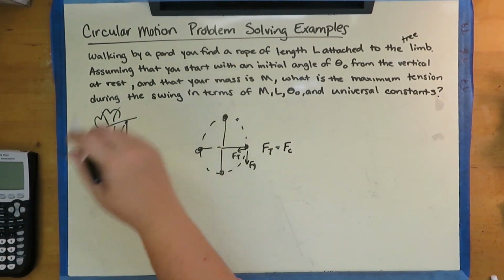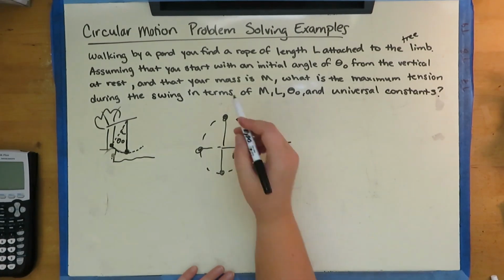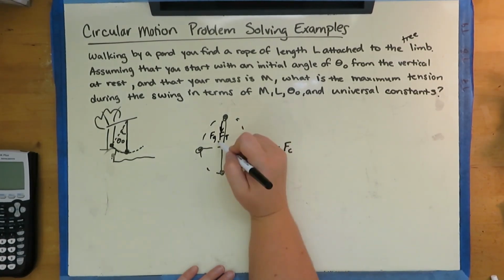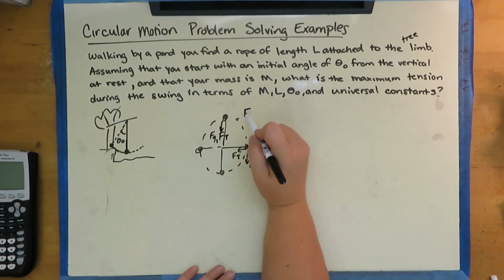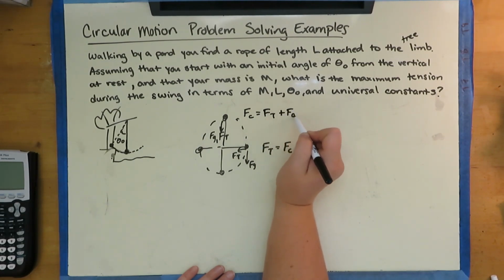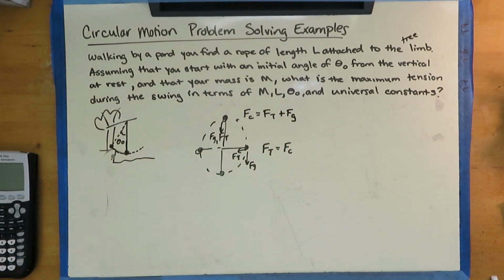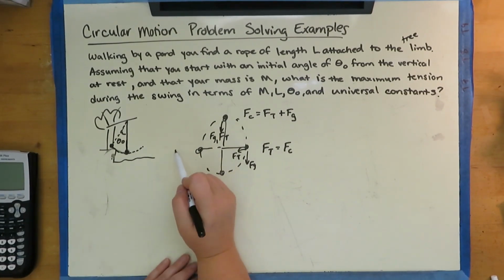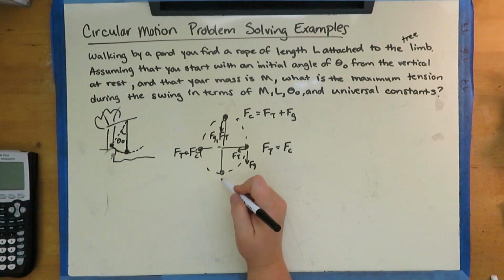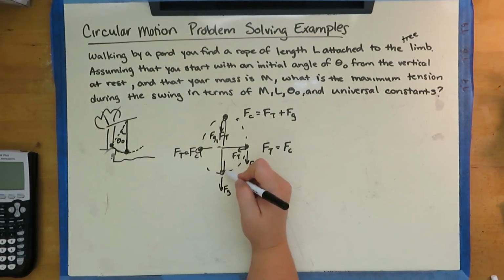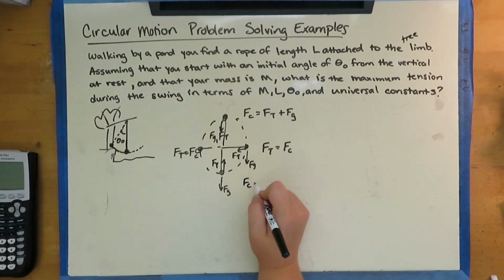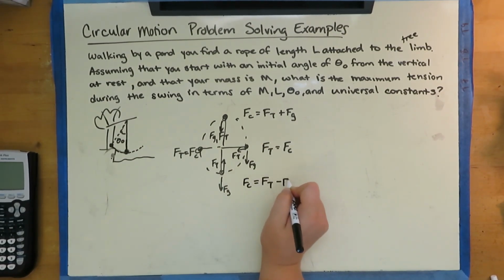At the top, your gravity and your tension were both pointing down, so your centripetal force was the sum of tension and gravity. You're probably not going to swing in a circle through the top, though. And down at the bottom, gravity was pointing down and your tension force was pointing up, so our centripetal force was tension minus gravity.